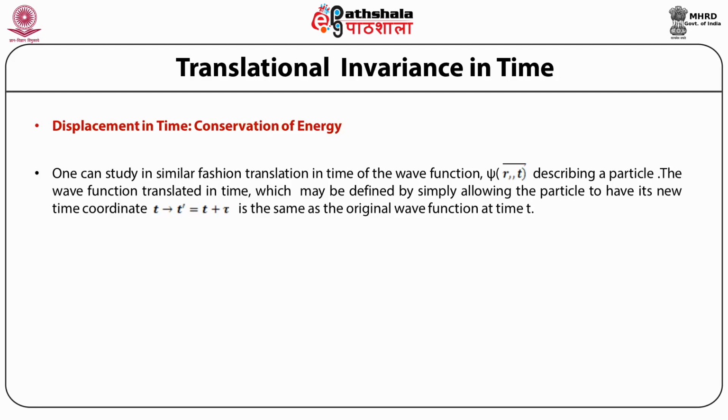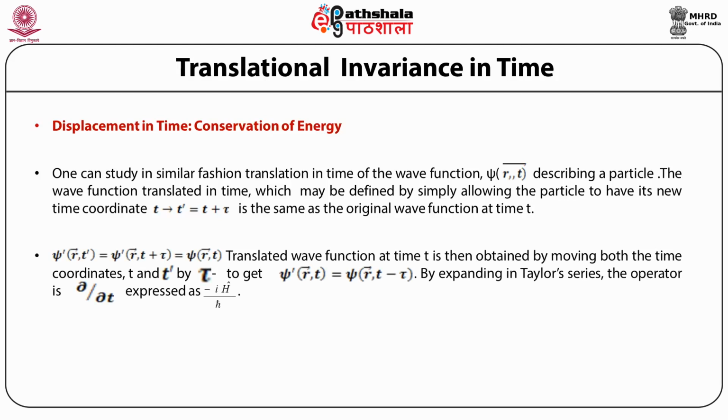And this turns out to be equal to wave function psi as a function of position vector r and time t. Thus, the translated wave function at time t is then obtained by moving both the time coordinates t and t prime by tau to get the wave function psi prime as a function of position vector r and time t is equal to wave function psi as a function of position vector r and time t minus tau.